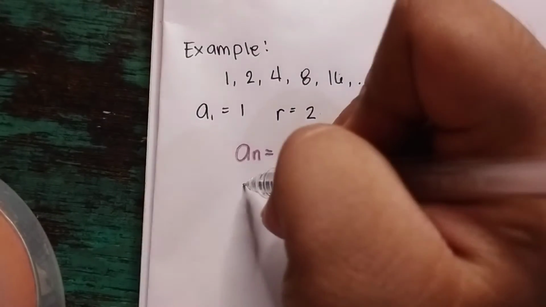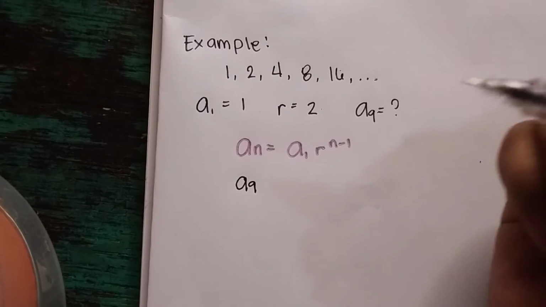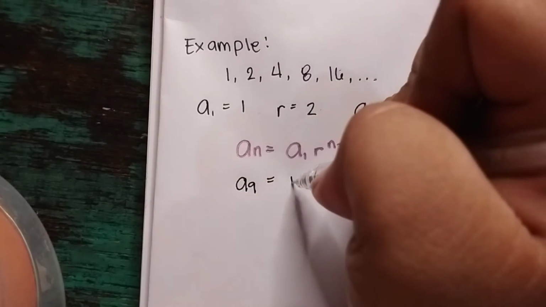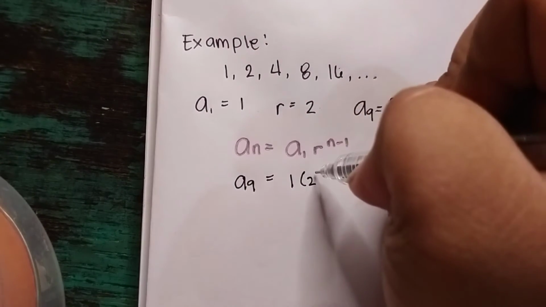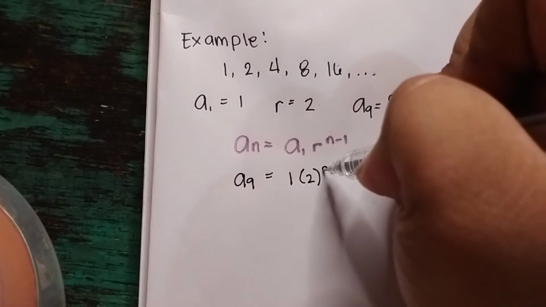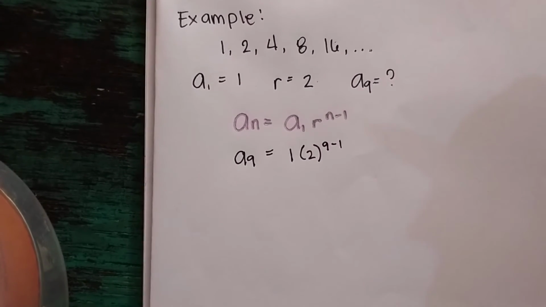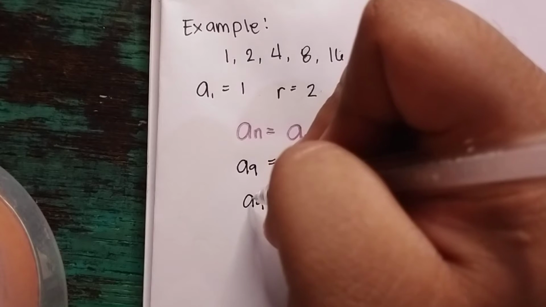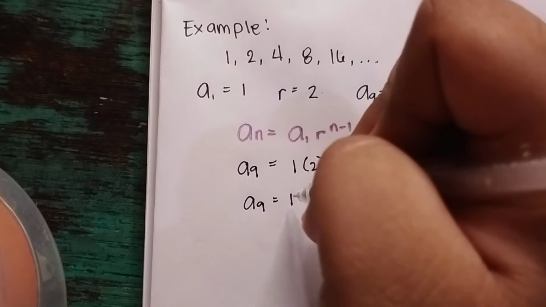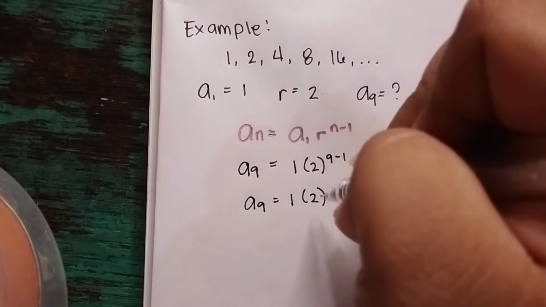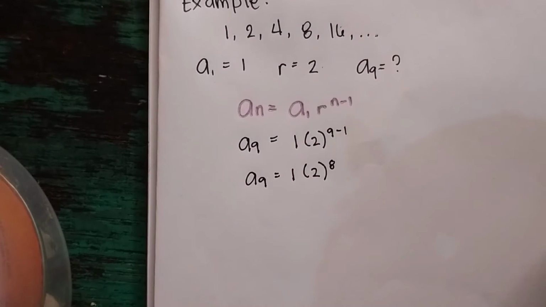We have a sub 9, because we are going to find the 9th term, is equal to 1, because that is the first term, times the ratio 2 raised to n, which is 9 minus 1. So a sub 9 is equal to 1 times 2 raised to the 8th power.